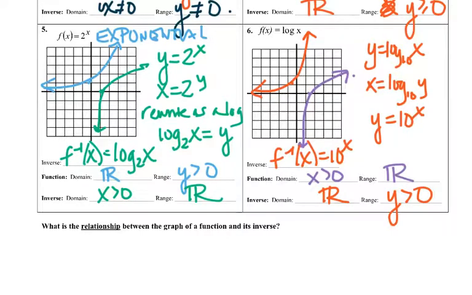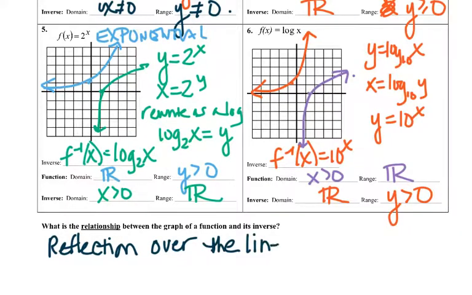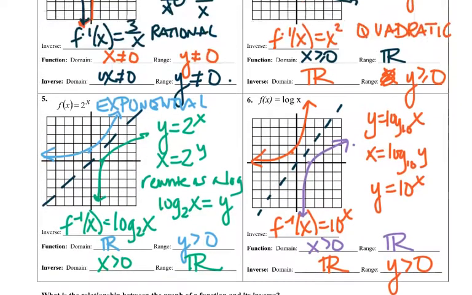So then, kind of as a grand finale, what is the relationship? I'm going to tell you and then I'm going to show you. The graph and its inverse are a reflection over the line y equals x. So in all these graphs, I can go back and draw in a line of symmetry. Remember that from geometry?